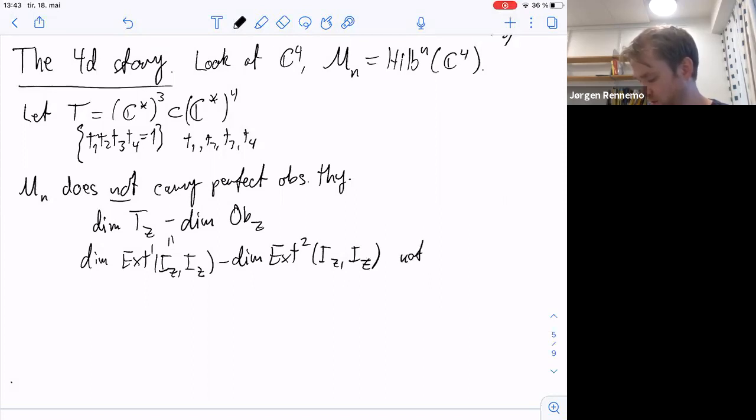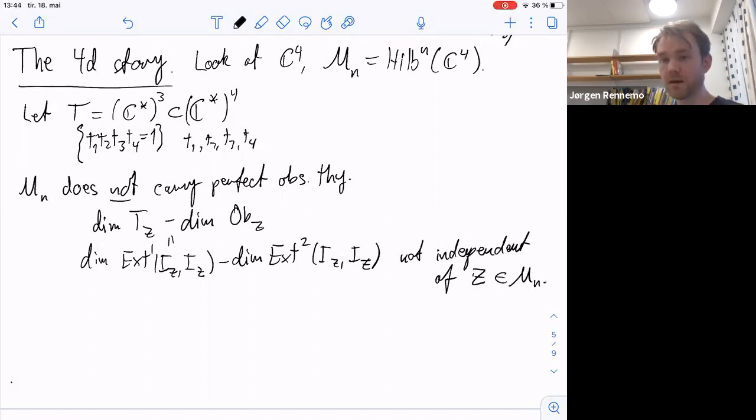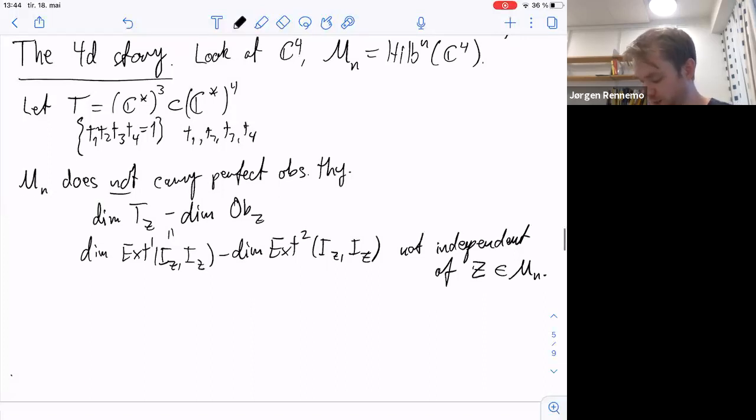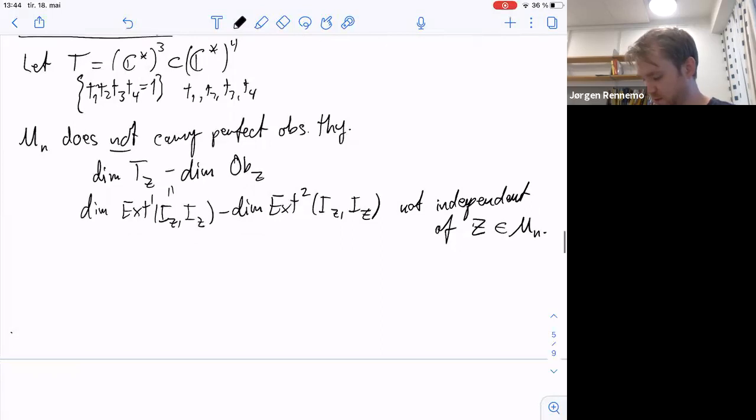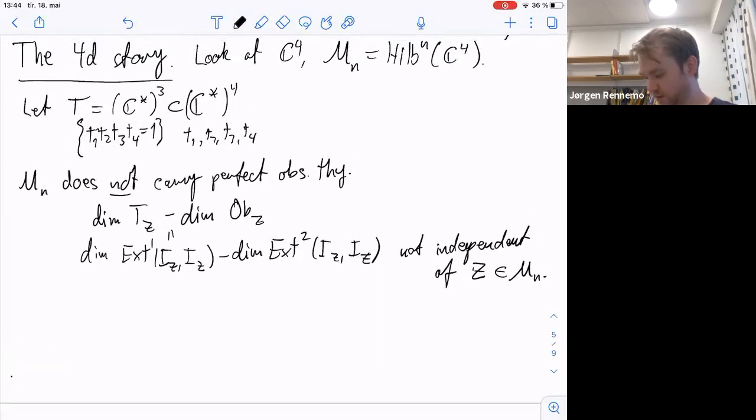This is not independent of Z. Right, or it might be for n equals 1, but that's kind of an accident. So in general, the thing you would use to build a perfect obstruction theory doesn't necessarily exist, or it just doesn't exist.